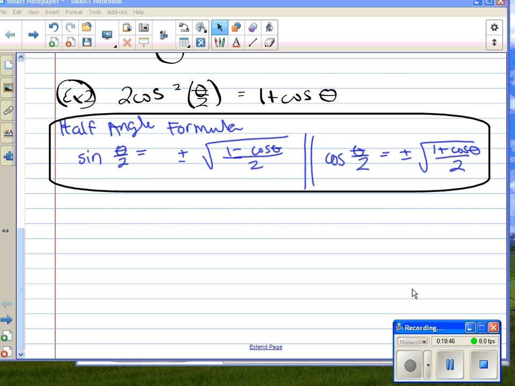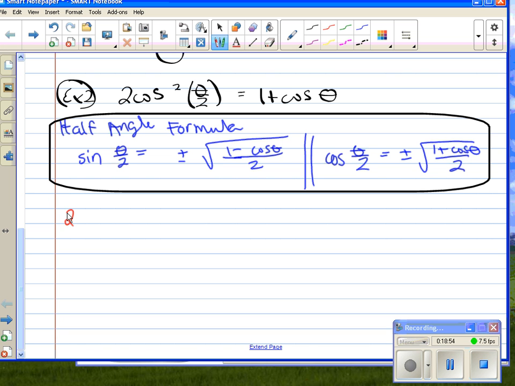What's going on? What I did was I used the second angle formula. Sure. Left side. All right. And because it's cosine squared, that cancels out the square root. All right, hold on. So you're saying that I replace the cosine theta over 2 with plus or minus square root of 1 minus the cosine of theta over 2.